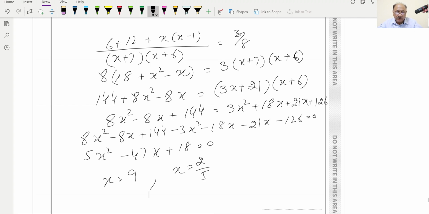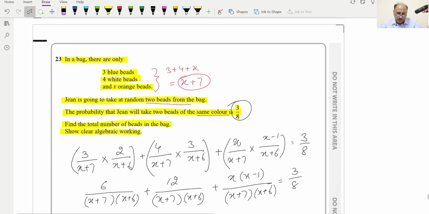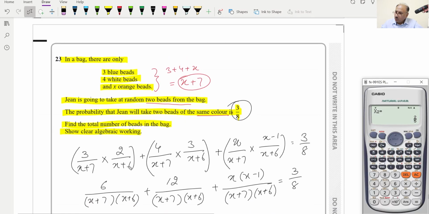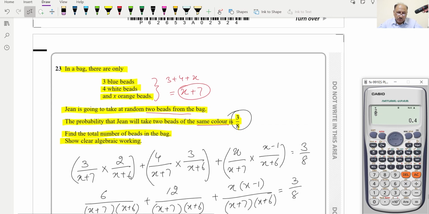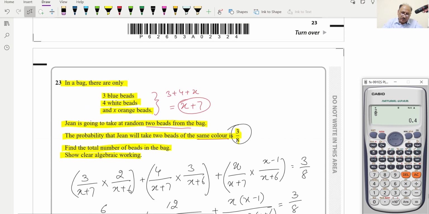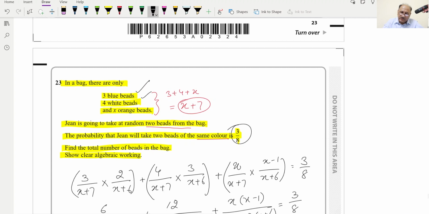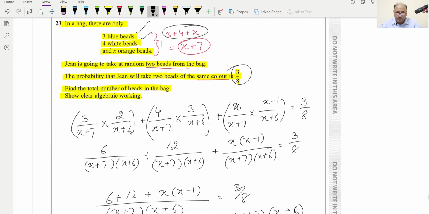Now what we can do, we can check over here. See, 2 by 5 means what? 2 over 5 means 2 divided by 5 means 0.4. So which is illogical, because 3 and 4 and x, these three cannot add up to 0.4 bead.